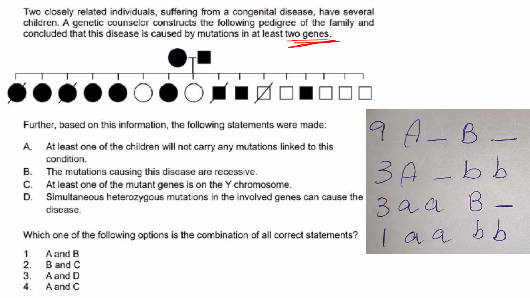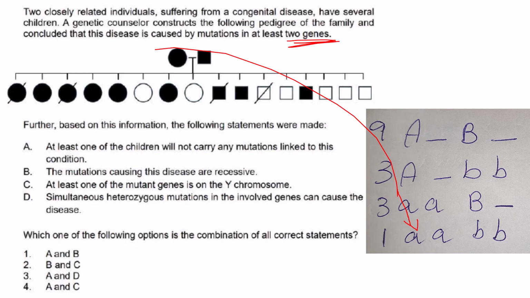If this is in the recessive condition, that is if both the parents are having small a, small b, then all the offsprings will have small a, small b, because none of the parents are having any dominant allele to supply to the offsprings.